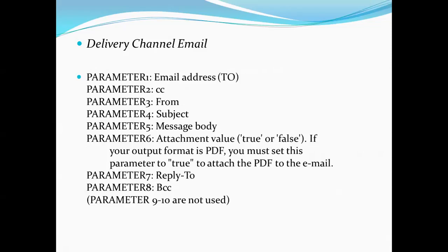Let's take an example. If you use the delivery channel as email, then parameters 1 to 8 come into the picture. Parameter 1 is the email address, parameter 2 is the CC, 3 is the from, 4 is the subject, 5 is the message body, 6 is the attachment true or false, parameter 7 is reply to, and 8 is BCC. 9 and 10 are not used.